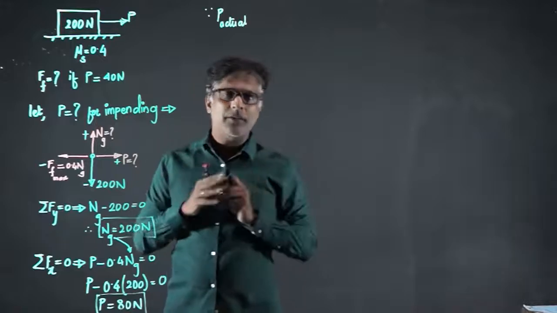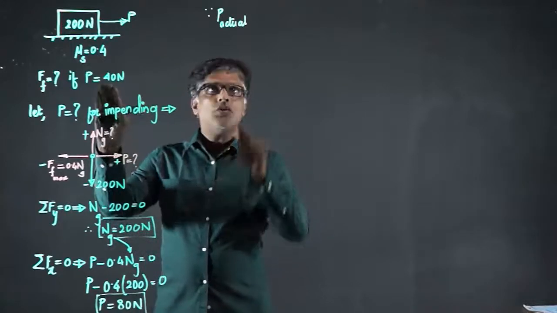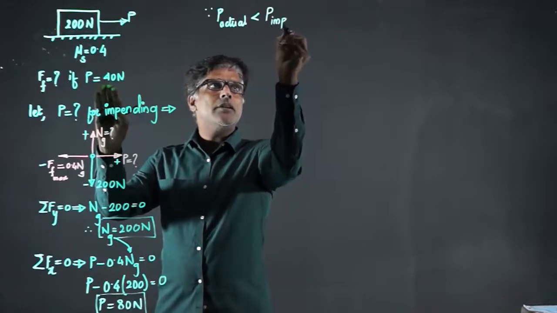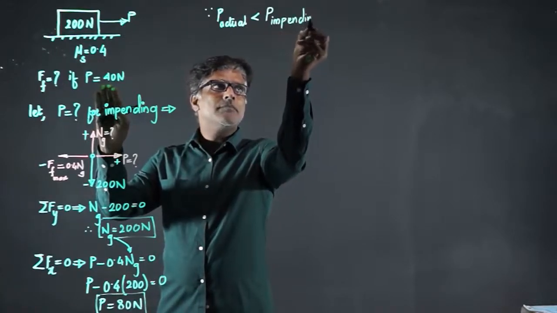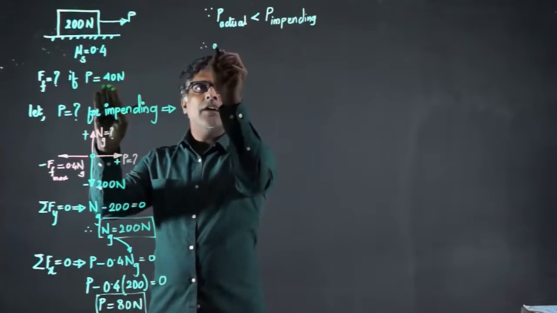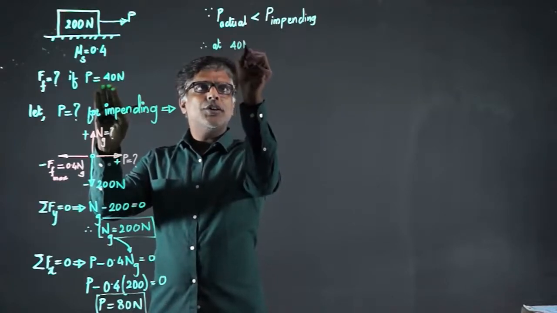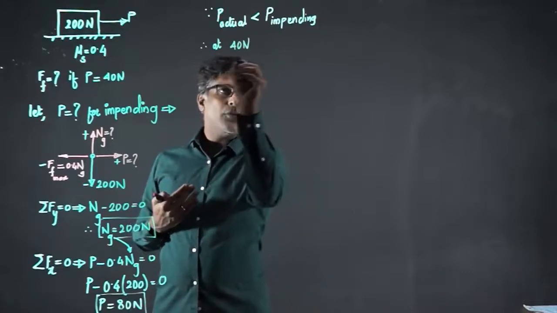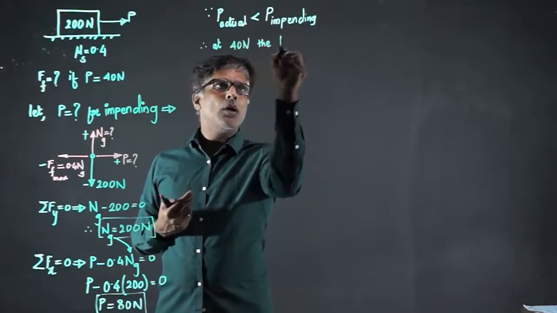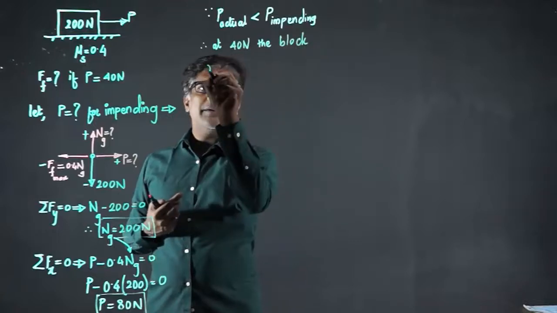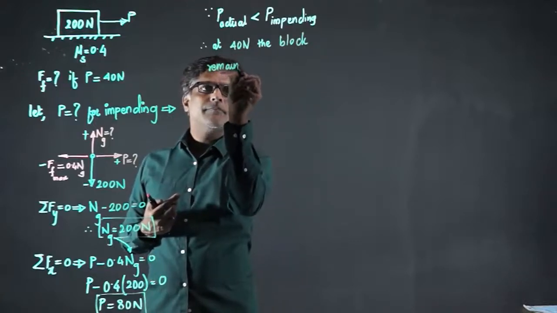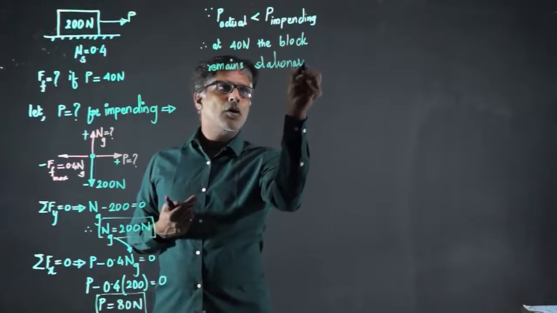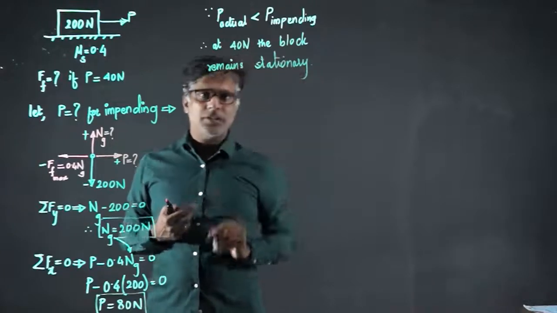We will make a statement: since the actual force P is less than P required for impending motion, therefore at 40 Newton, now we know that 40 is less than 80, the block remains stationary.